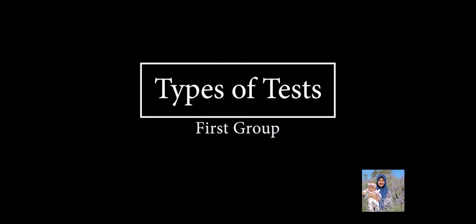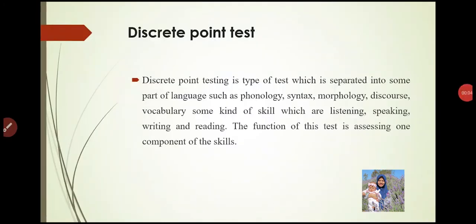Well, after talking about assessment, let's talk about some types of tests. First, I would like to tell you about the discrete point test. A discrete point test is a type of test which is separated into parts of language such as phonology, syntax, morphology, discourse, vocabulary, and skills which are listening, speaking, writing, and reading. The function of this test is assessing one component of the skills.